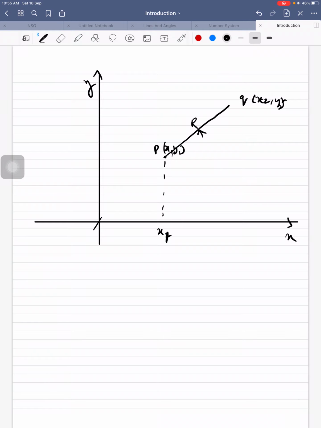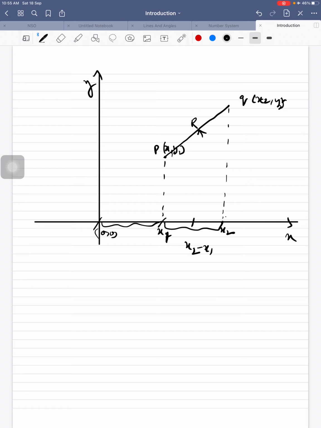By measuring the x1 length from the origin, from here to here. Again, drop a line onto the x-axis with 90 degrees. This is x2. See, this length is x2 minus x1. So what is the midpoint of this?